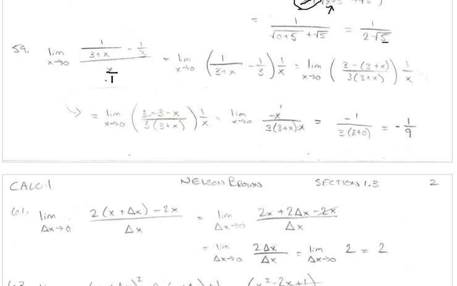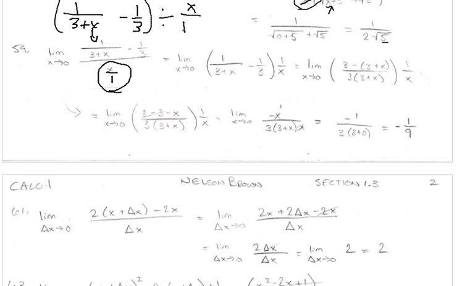And if we have division by a fraction, it becomes multiplication. So this quantity is the same thing as 1 over 3 plus x minus 1 over 3, this whole thing divided by x over 1, which is this same quantity times the reciprocal of x over 1, which is 1 over x.